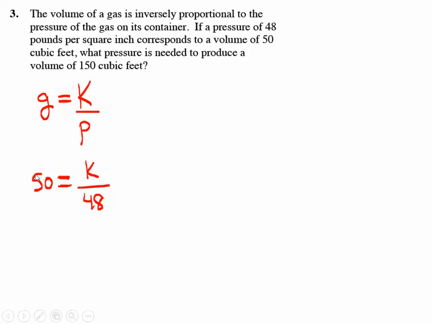So they kind of change the numbers on you here. 48 had to go as the division for the K. Says what pressure is needed to produce a volume of 150 cubic feet. So multiplying this time by 48, and this time, especially with inversely proportional equations here, the K usually is a big number.